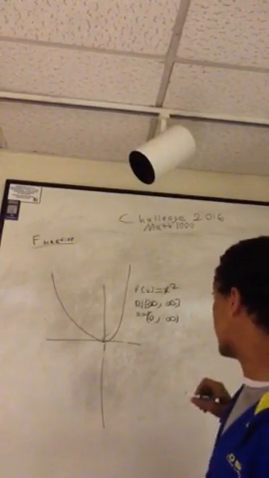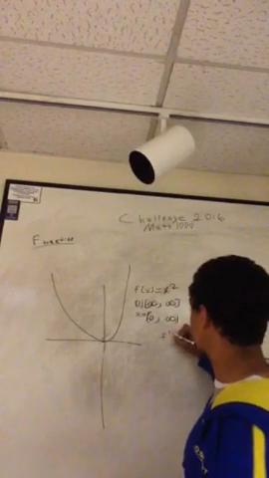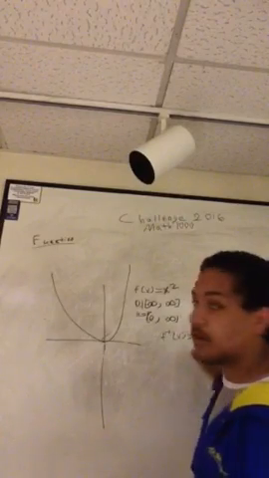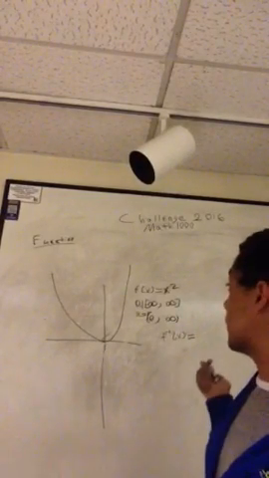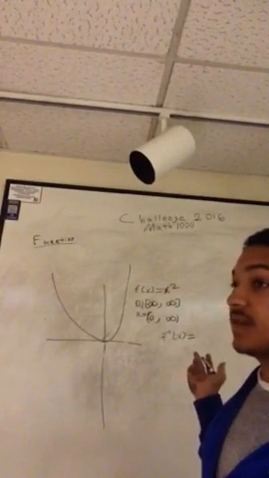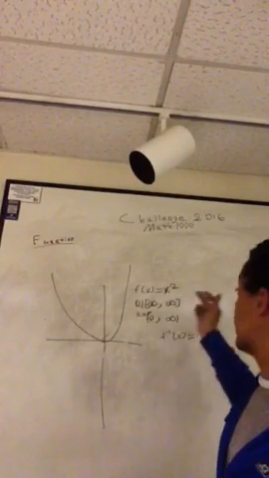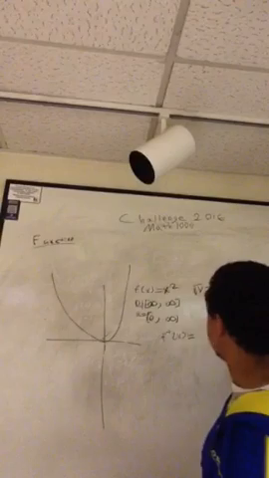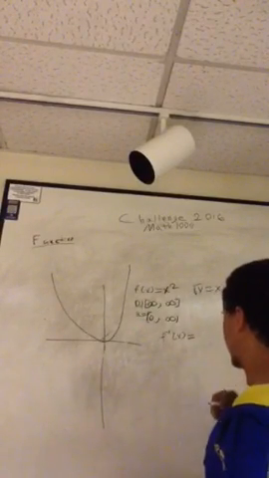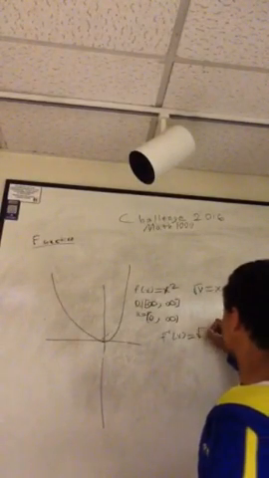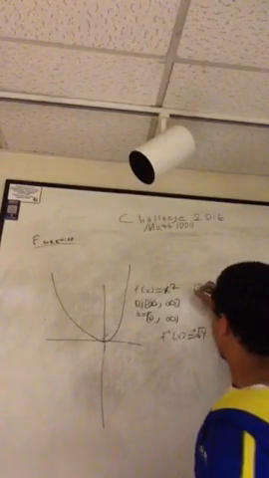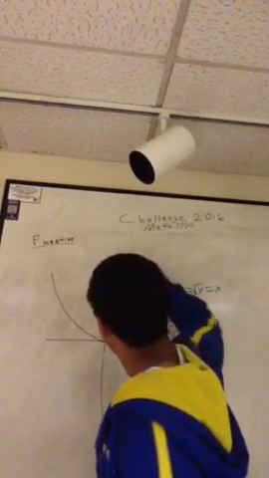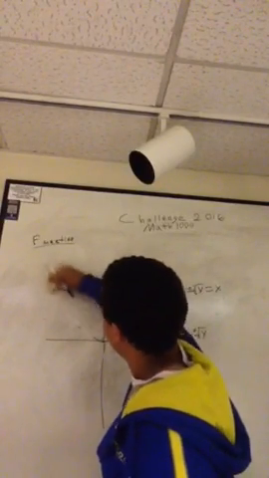So our inverse function would be the opposite of this. If you do the opposite, we would have the square root of y is equal to x. So what we would end up with is plus or minus the square root of y, and our graph would look something around the lines of this.